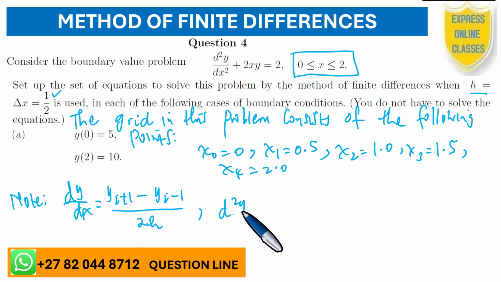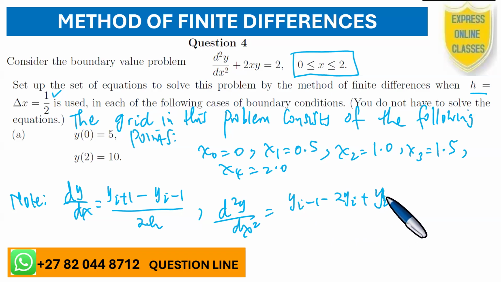But whenever it is the second derivative, we write yi minus 1 minus 2 yi plus yi plus 1 divided by h squared.